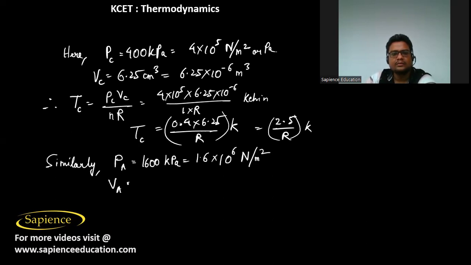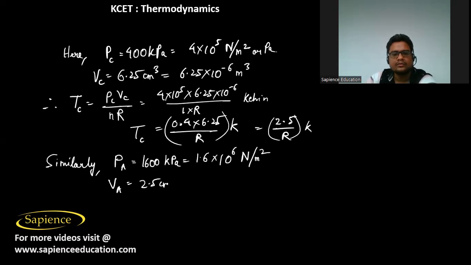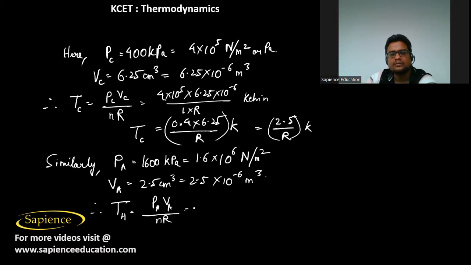And similarly, the volume at the point A is 2.5 centimeter cube, or 2.5 into 10 power minus 6 meter cube. Therefore, the temperature of the hot reservoir is PAVA by nR, which is 1.6 into 10 power 6 into 2.5 into 10 power minus 6 divided by 1 into R, in Kelvin.